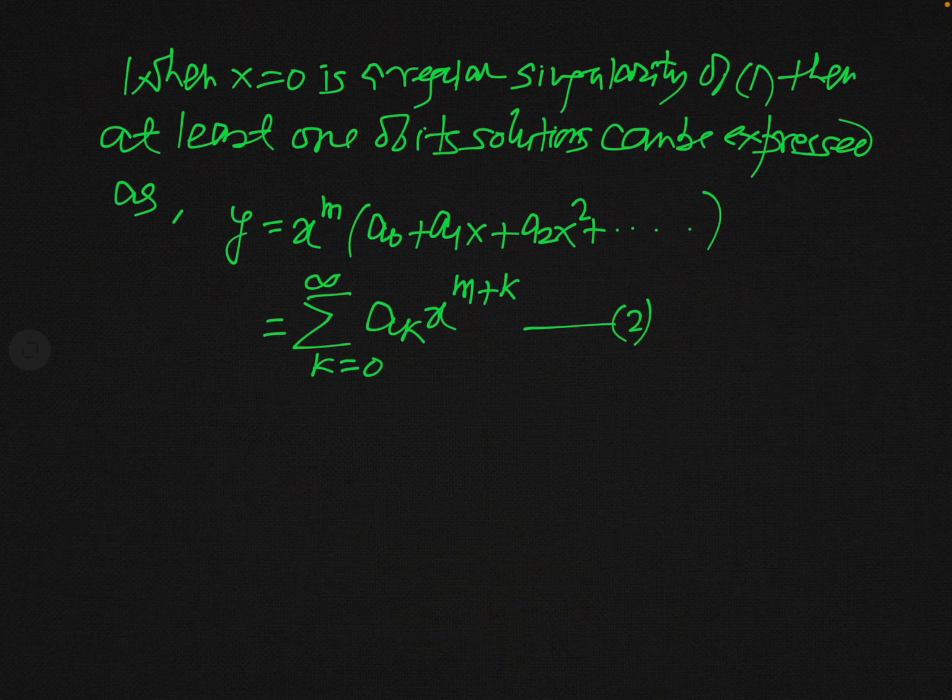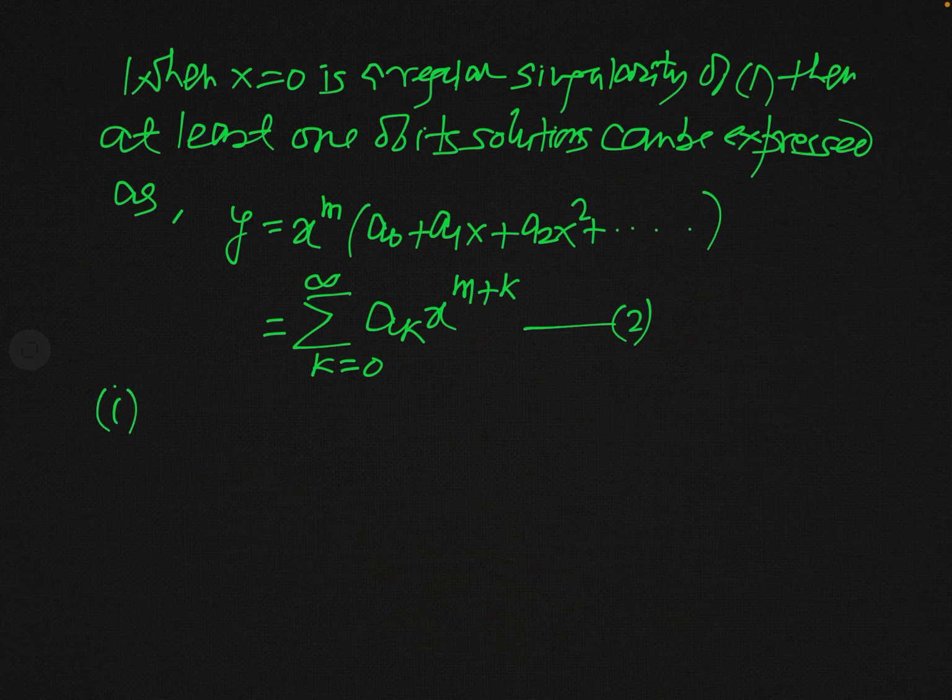Now actually we will find the technique, or you can say the rule, so that these coefficients a1, a2, a3 and so on can be evaluated to get the proper solution. So for finding these coefficients, we follow the following steps.